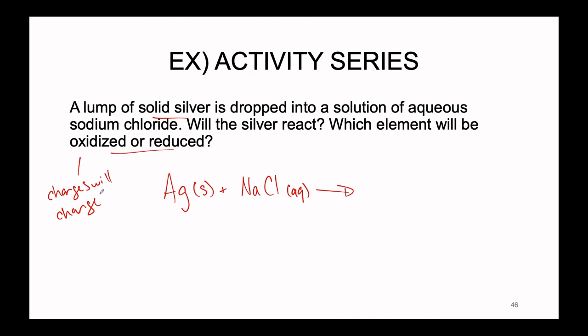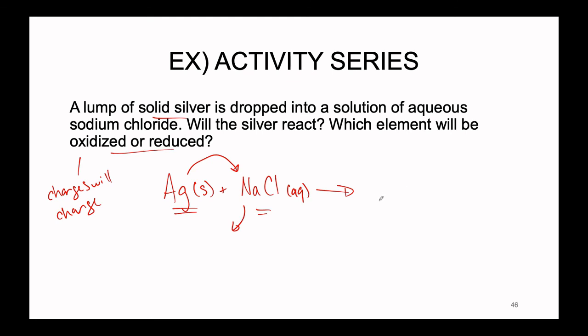Now, since we can observe on the reactant side, we currently have one species present on its own versus one compound. In order to predict what types of products will form, the easiest way to go about this is to treat this reaction like a single displacement reaction, right? Since we have a single species as one of our reactants and a compound on the other, we're going to take this metal and swap it out for the metal that is present in the compound.